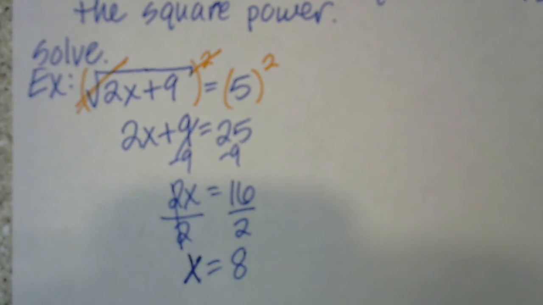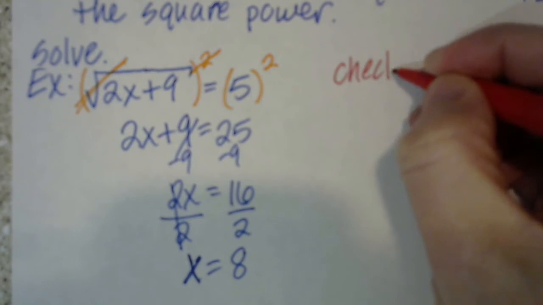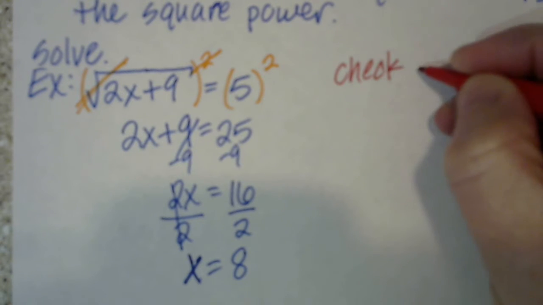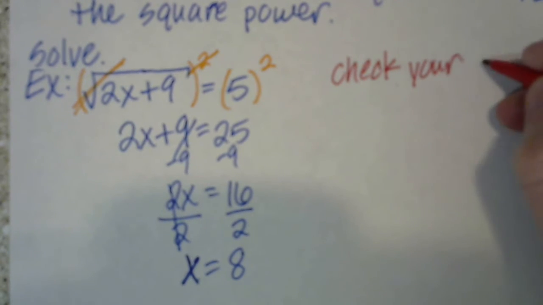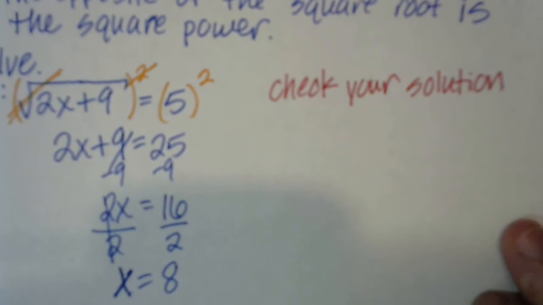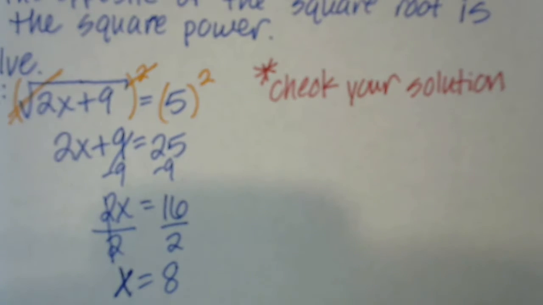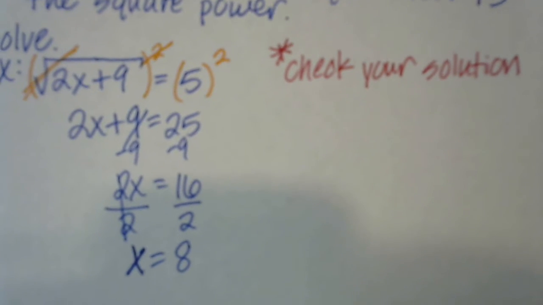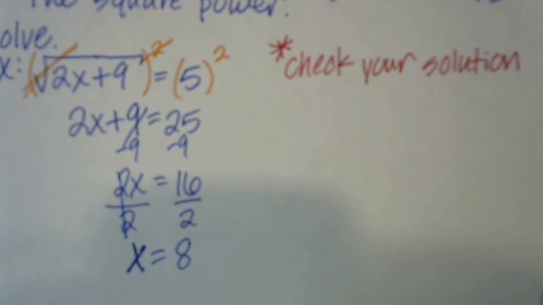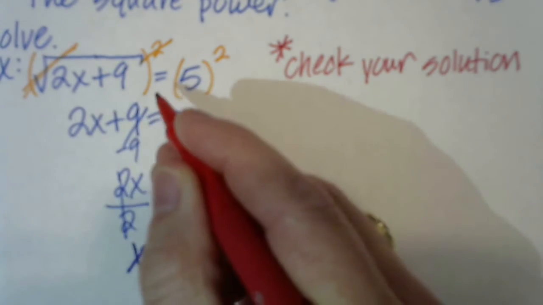Now, because we're doing radical equations, you've got to check your answer. This is something that we have to do for radical equations, just to make sure that it works. So I'm going to plug in what I got to the original problem and make sure it checks out.